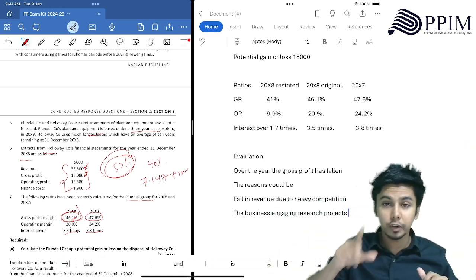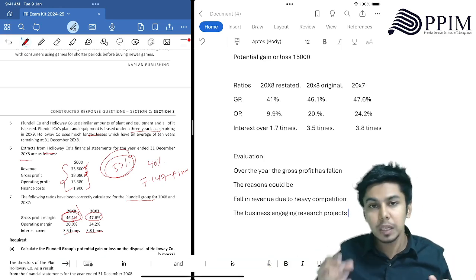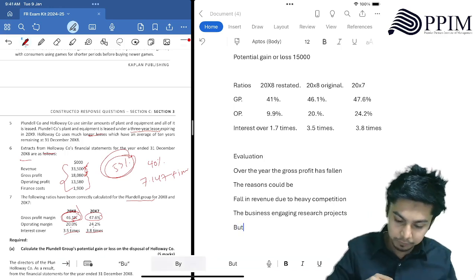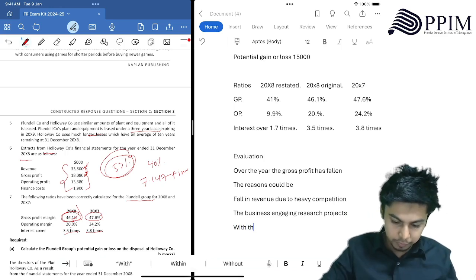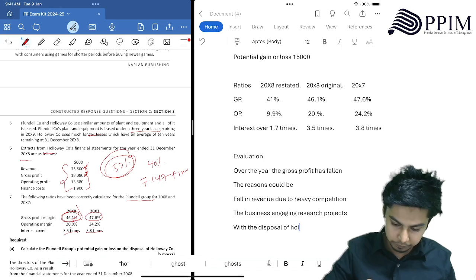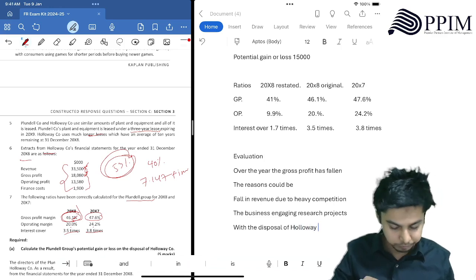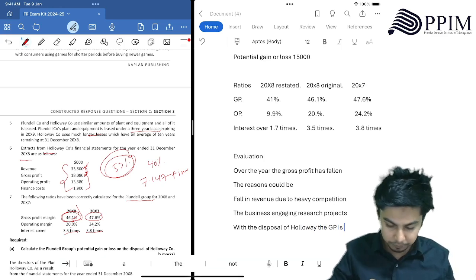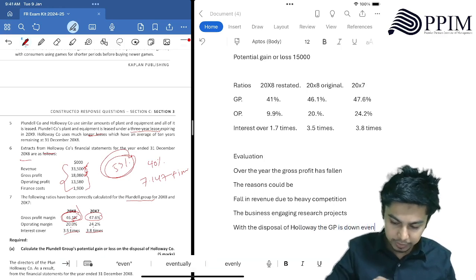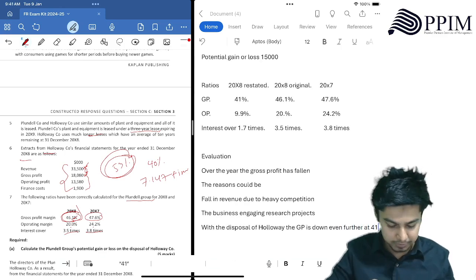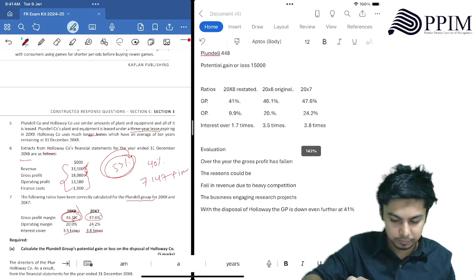But then, guys, you have to also point out wherever possible how important Holloway is. On the other hand, you can tell that with the disposal of Holloway, the gross profit is down even further, at 41%.